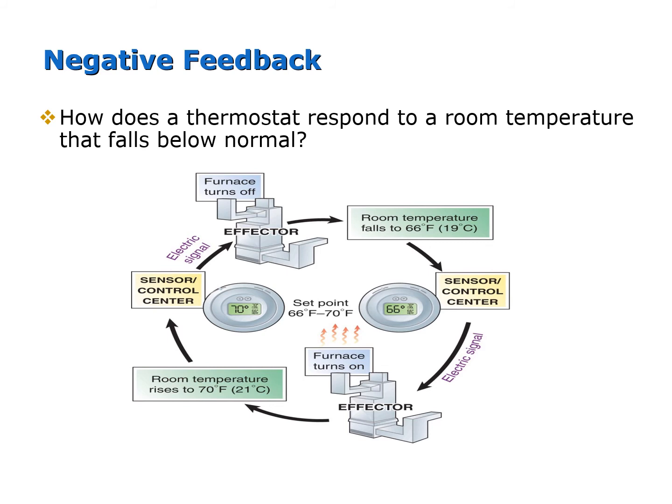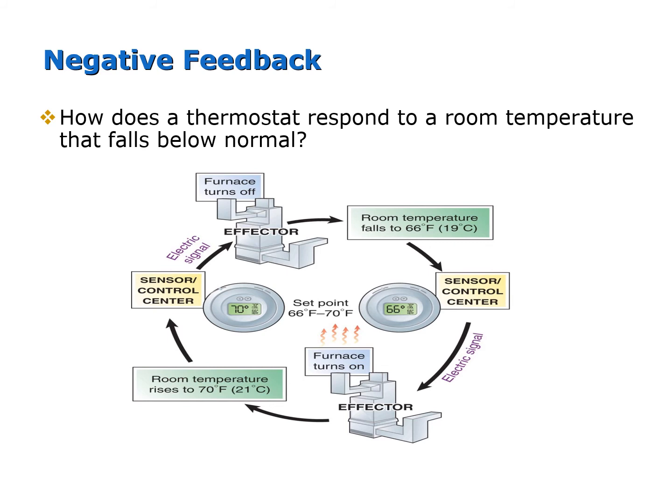So the sensor will again feel the temperature and alert the control center, which will again send an electric signal that will turn off the furnace, the effector. As a result, the temperature will be 70 for a while, and slowly will start to decrease up to the point where it falls to 66 or lower, and then the sensor will be alerted again.